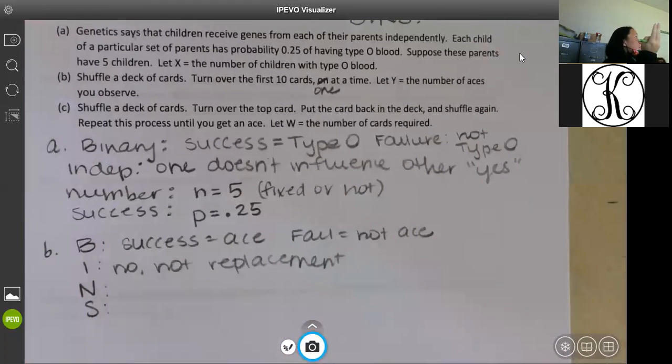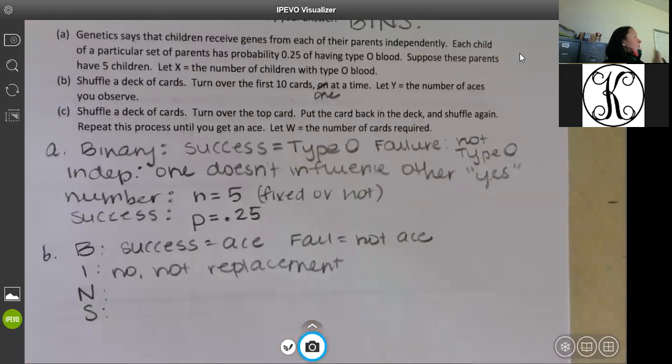There's a bigger chance that it's not going to be an ace, right? So that's what it means. Make sure that this one doesn't affect the other. So you may just want to keep writing one does affect the other or one does not affect the other when you're doing this, rather than replacement and not replacement, because the not replacement is going to change your probability of success.